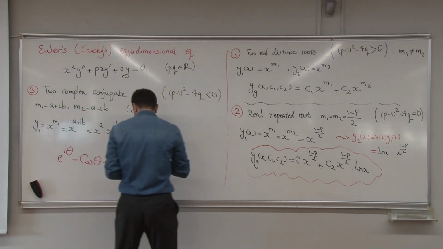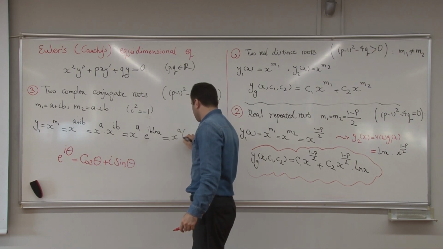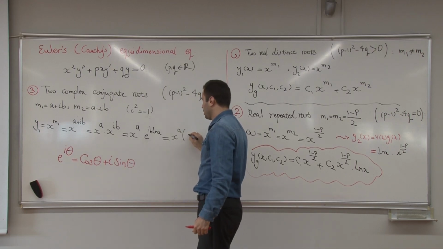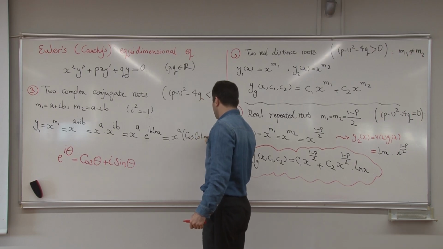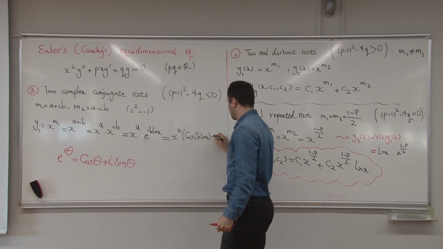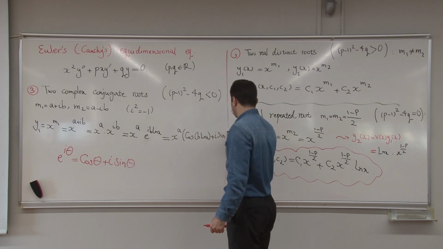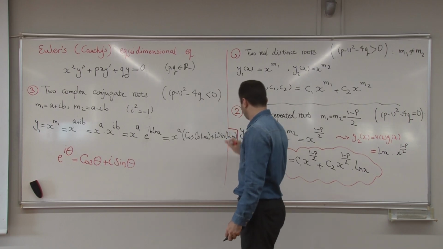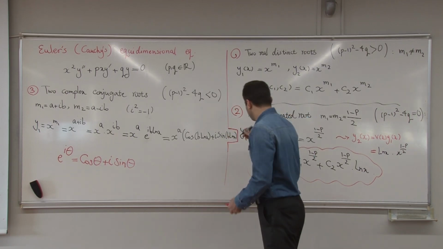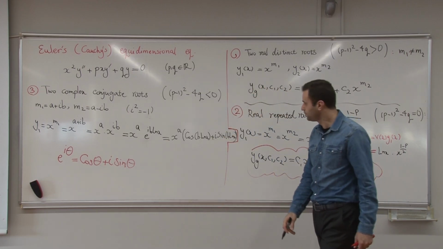So this is going to be x to the power of a, cosine of b ln of x plus i sine of b ln of x, in big parentheses. Okay?